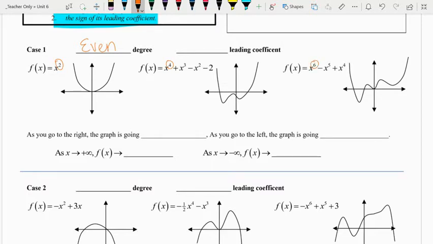If it is even with a positive leading coefficient, notice how it's a positive 1, positive 1, positive 1, all of your graphs will always end like this. They are all pointing in the upward direction. So no matter what, whether you're going to positive or negative infinity, the y values will always be going to positive infinity. It is going up, it is going up.